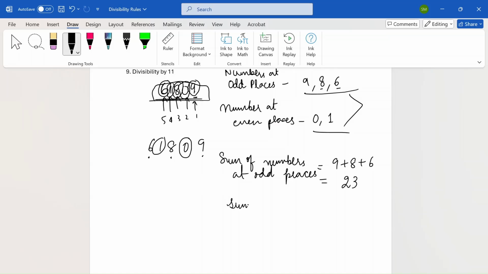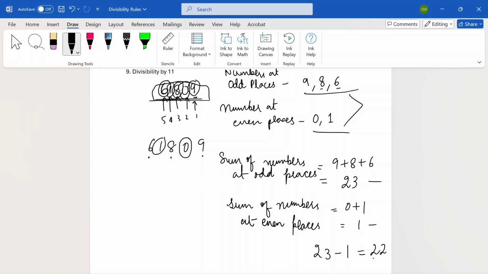And sum of numbers at even places. What is it? 0 plus 1 is 1. Now let me subtract both of them. 23 minus 1 is equal to 22.